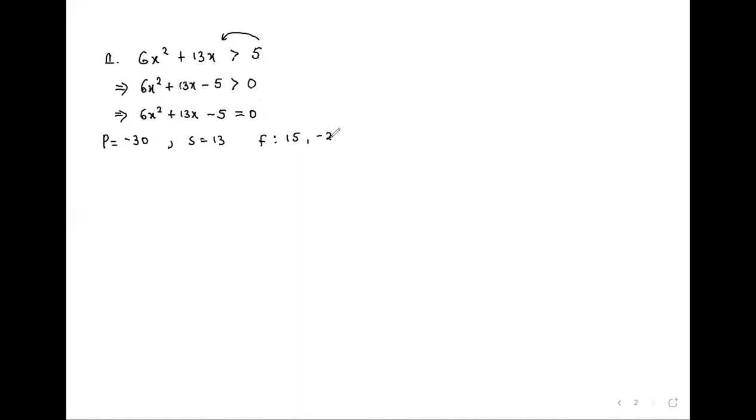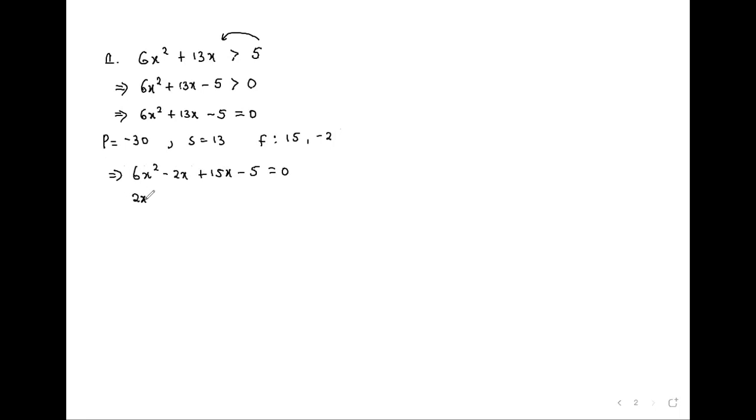Okay, so let's use them. 6x squared minus 2x plus 15x minus 5 is 0.